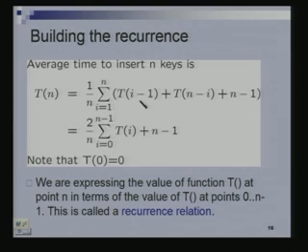Now, note that each of these terms will appear twice, right. So, if I look at T3, it will appear once for i equals 3, and once for i equals n minus 3, sorry.